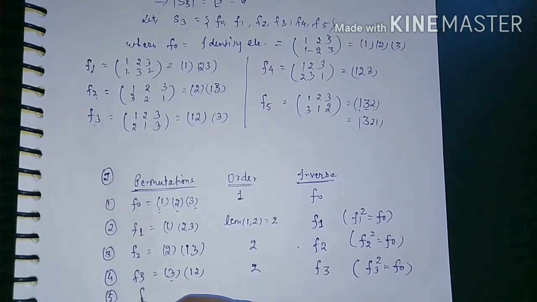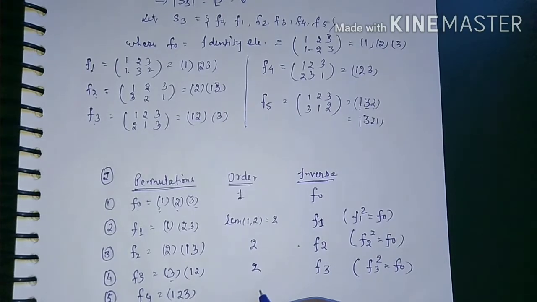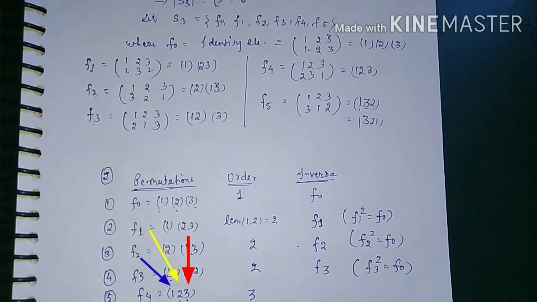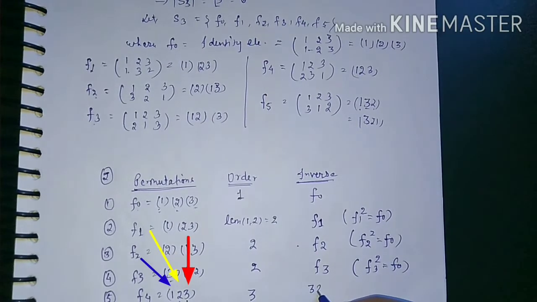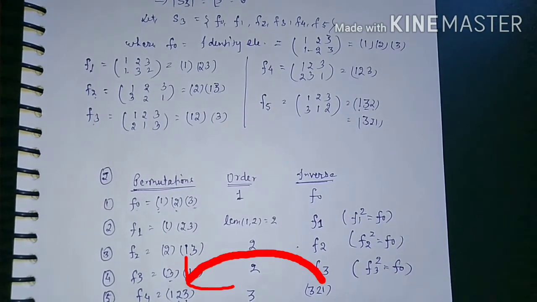The fifth element F4 is (1, 2, 3). It is a cycle of length 3, so the order is 3. And we know that if we reverse the order of the elements of a cycle, that is, if we write the cycle as (3, 2, 1), then this cycle is the inverse of the first cycle.